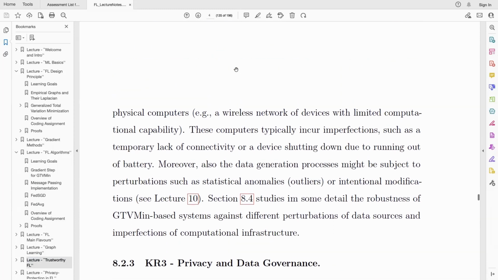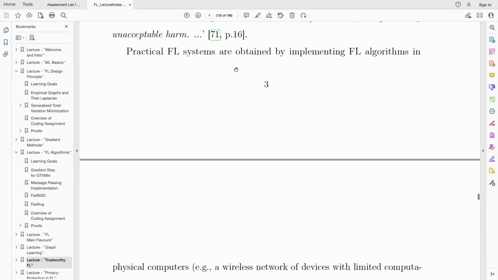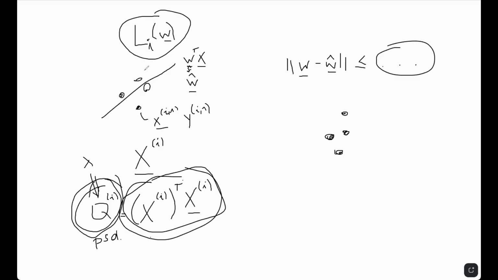Yeah, we'll talk about more towards the end of the lecture, because technical robustness is closer to my home turf, so to say, because it's related to studying the behavior of. So let me now go again to the whiteboard. How much do the learned parameters change when we change data points a bit?